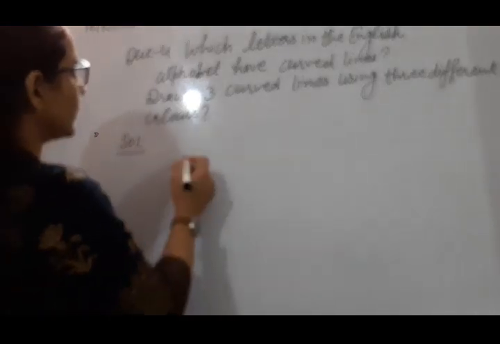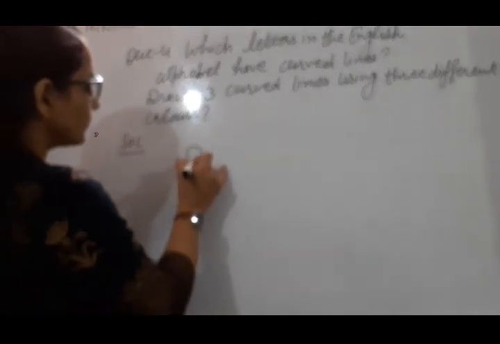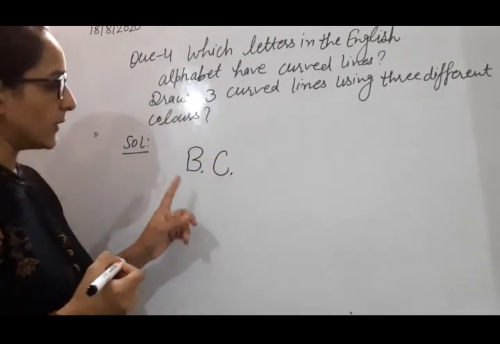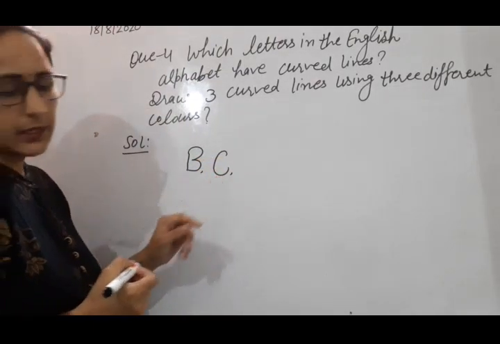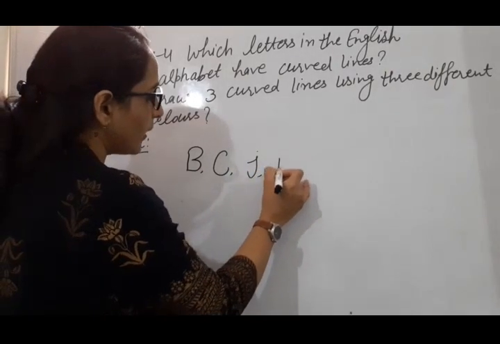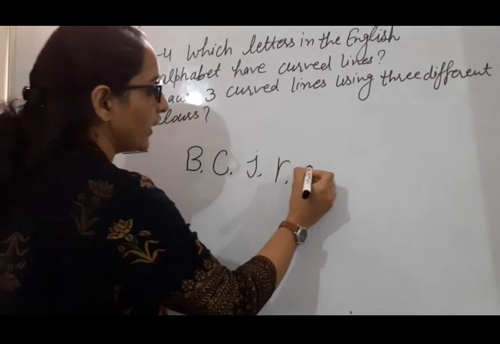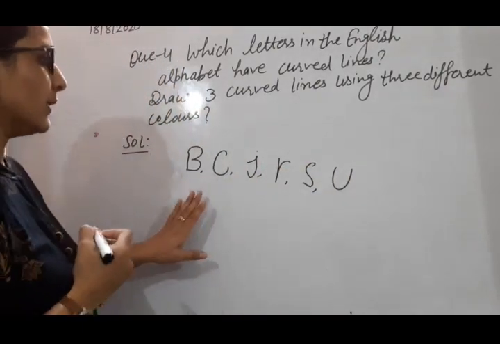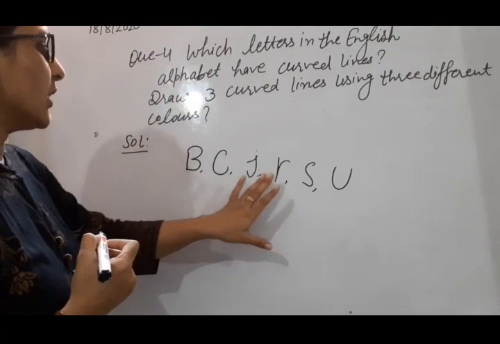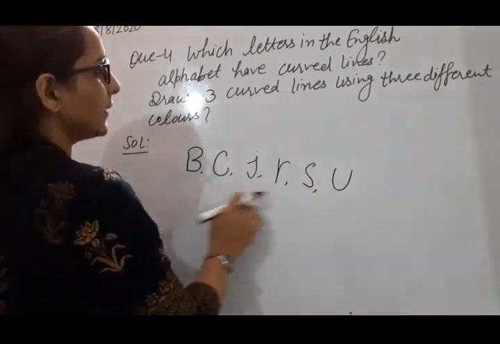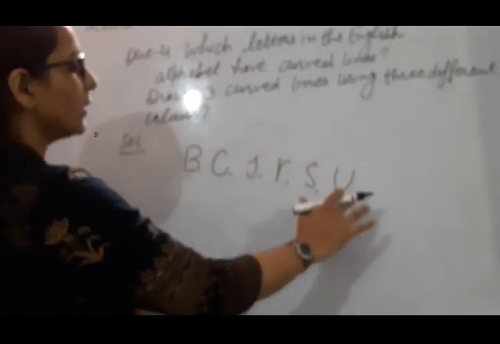Clear? So here is B, okay, C, you can say B, C, J, R, S, U. Clear? B, C, J, R, S, U. These are the letters which have curved line.